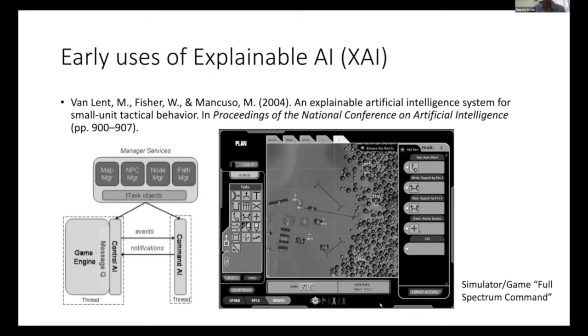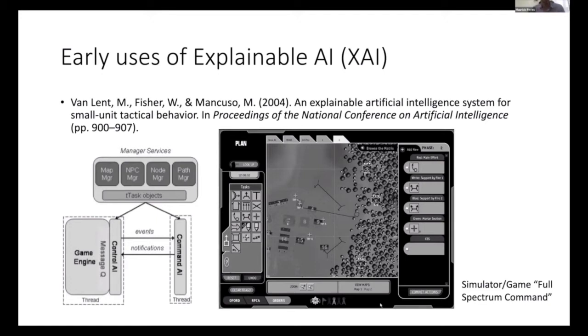Here you have a simulator where you could actually have rules to explain things like why a given unit was moved to a given position, why a given event happened, for example, a shooting of a unit, why shooting happened, or why that unit actually lost another component. So this was one of the first simulators or systems that were trying to explain decisions of an AI system.